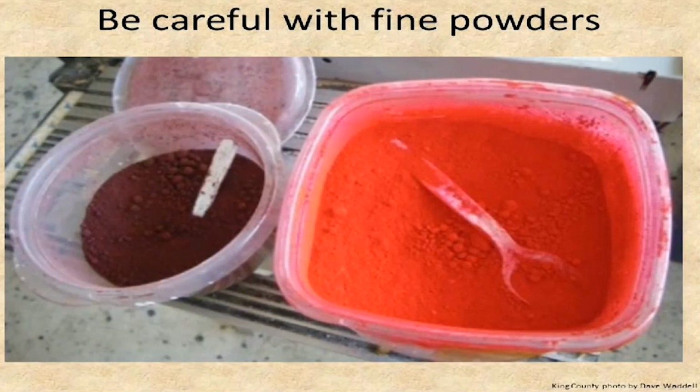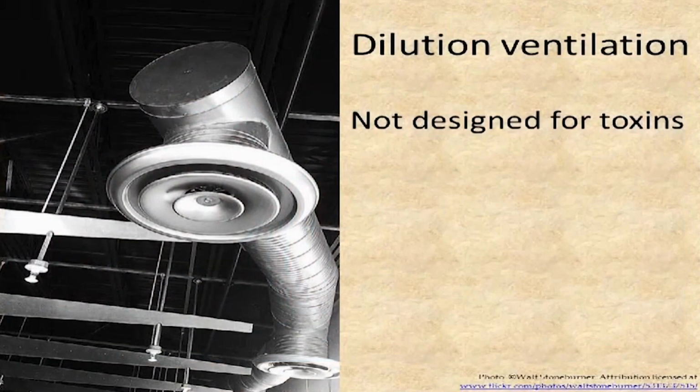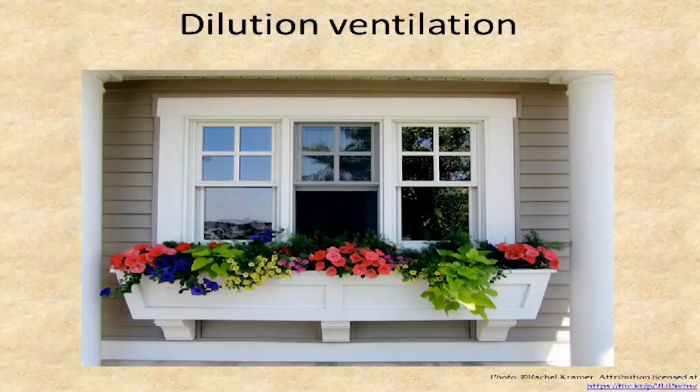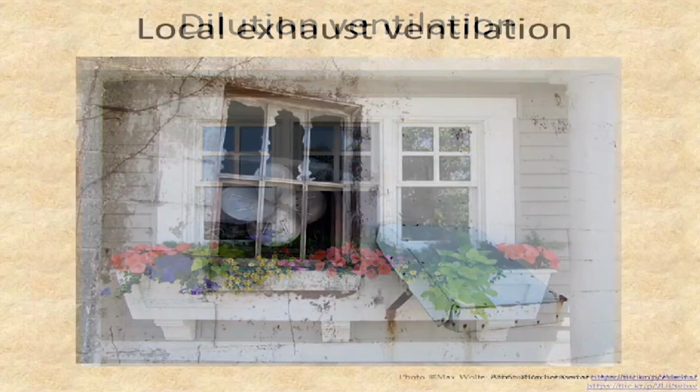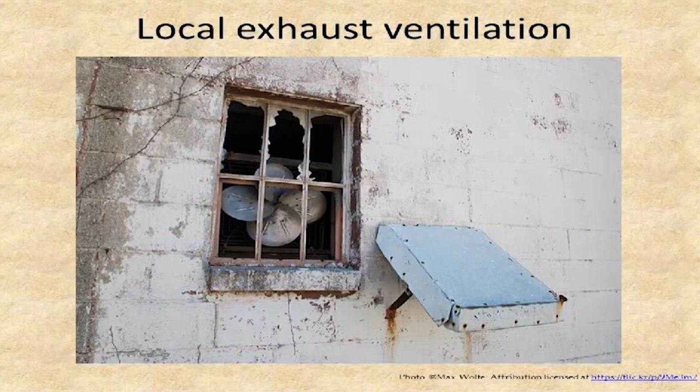What kind of ventilation can you use? Well, there's dilution ventilation. That's really not designed for toxins. For most artists, the idea of dilution ventilation is to open a window. The air in your studio is not really smart enough to know that it's supposed to run outside when it's toxic, so this is only modestly effective. Far better is to get a fan in that window, and that starts functioning as what we call local exhaust ventilation.